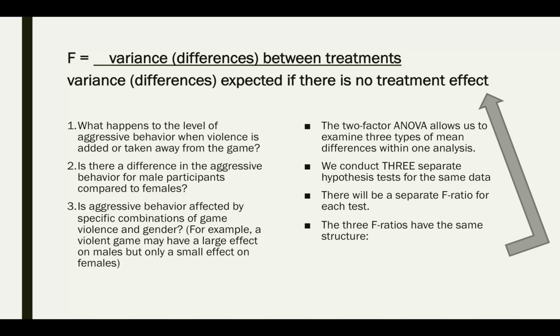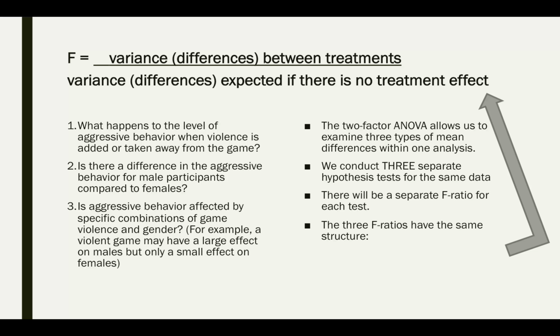And then the 3 F ratios have the same structure, so that's pretty easy. So we have the variance or the differences between treatments divided by the variance or differences expected if there is no treatment effect. So really there's not much difference between what we've looked at with the original one-factor ANOVA, and so we keep that in mind, right? This test statistic is still an F ratio.